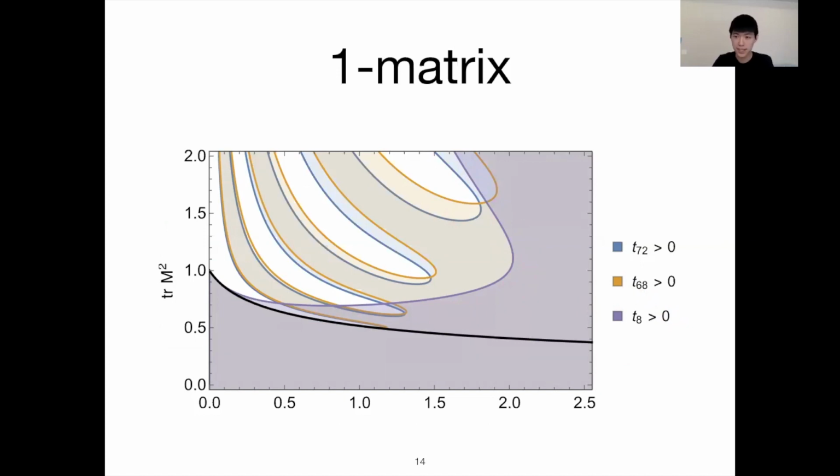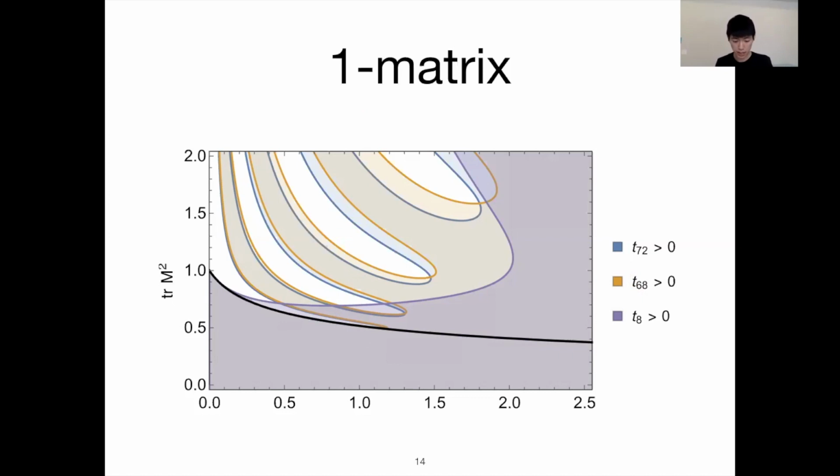Trace of m to the 68 is just some polynomial in trace of m squared, so it crosses the 0 axis several times, and that's why you have these finger-like structures in this graph. Where it crosses the 0 axis is dependent on the value of the coupling.